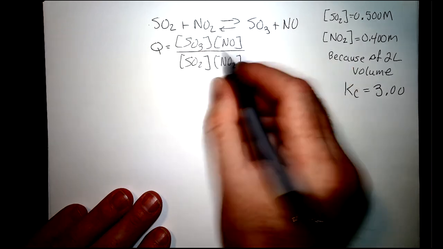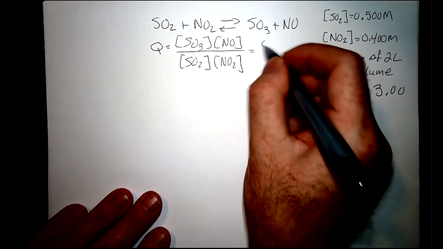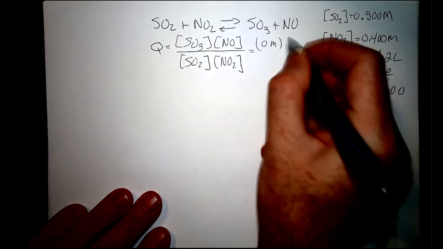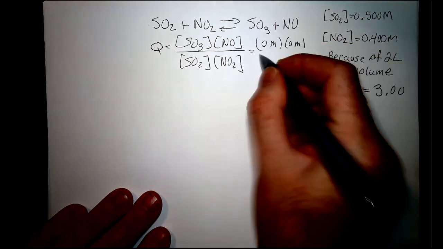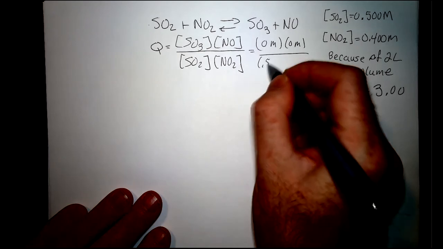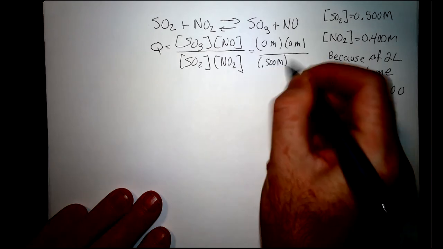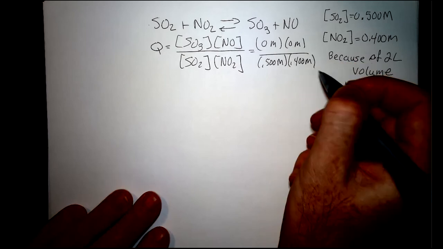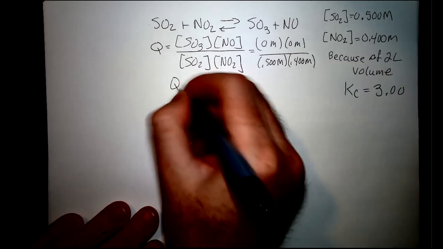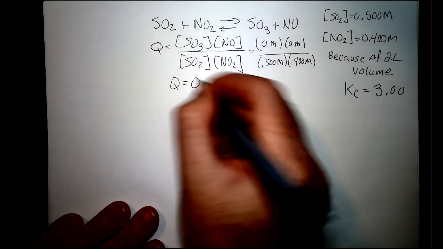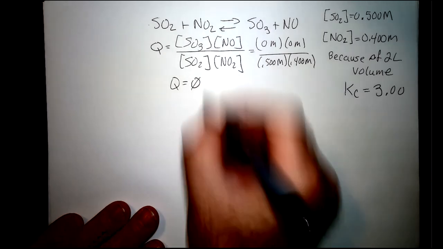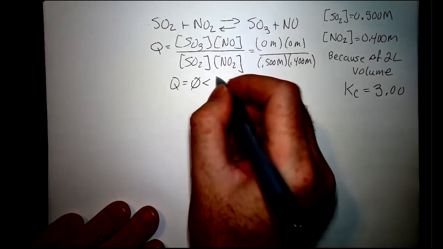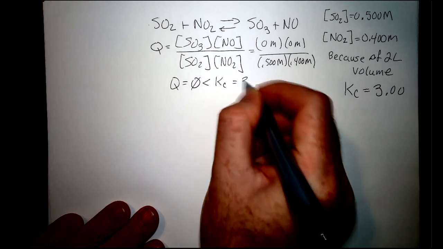But I don't have any products, so it's going to be 0 molar, 0 molar over 0.500 molar and 0.400 molar. So Q equals 0, which is certainly less than Kc, which equals 3.